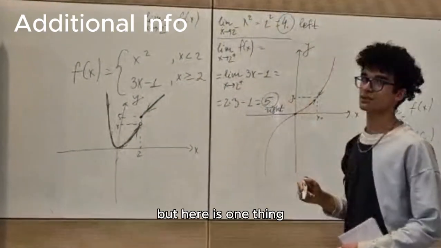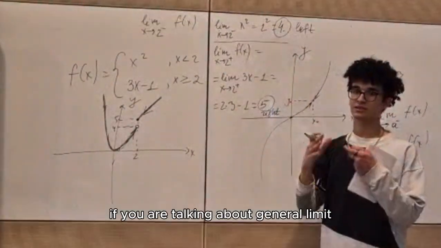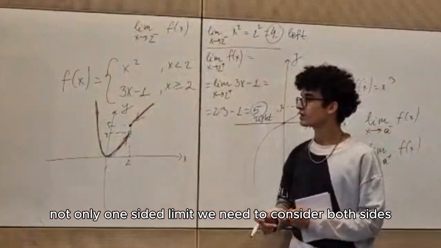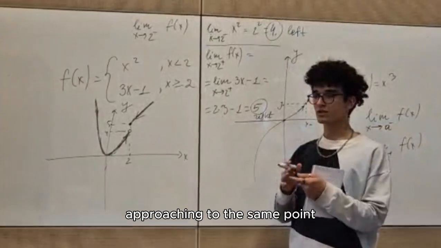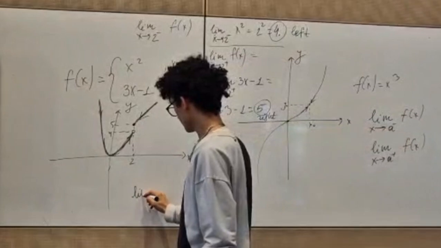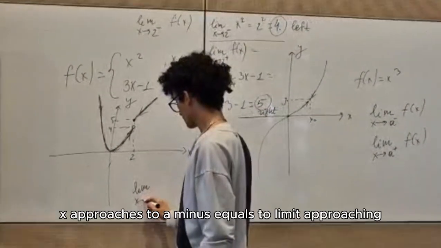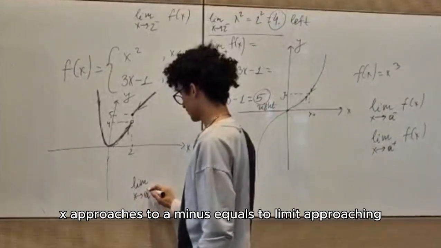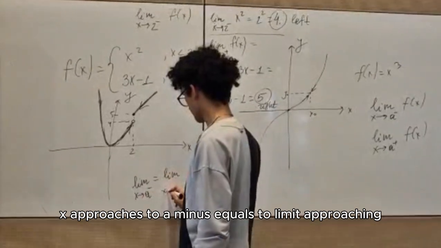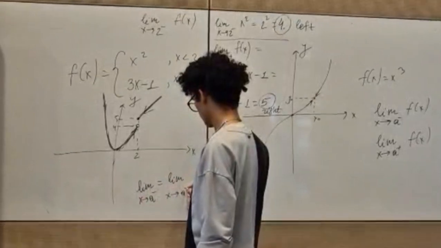But here is one thing. If we are talking about the general limit, not only a one-sided limit, we need to consider both sides approaching the same point. Let's write it like this. Limit as x approaches a from the left side equals limit as x approaches a from the right side.